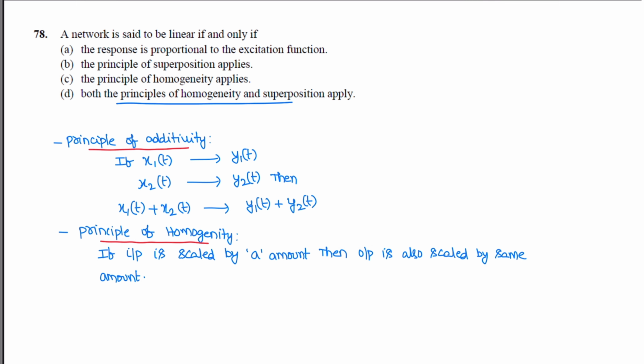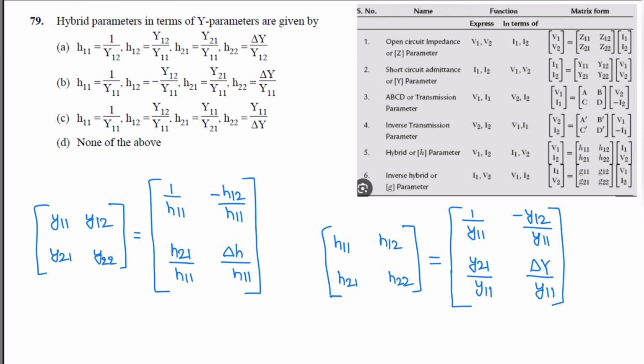Next question. Hybrid parameters in terms of Y parameters. These Y parameters are short circuit parameters. Hybrid parameters are H parameters. So the relation between Y parameters and H parameters is this: H11 is equal to 1 by Y11.